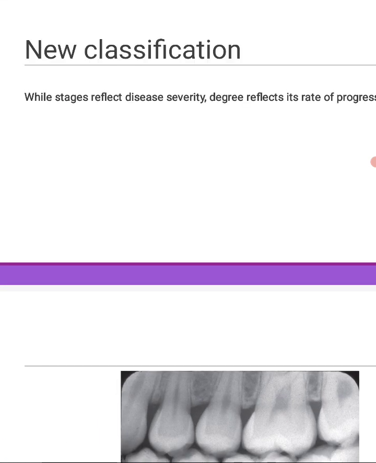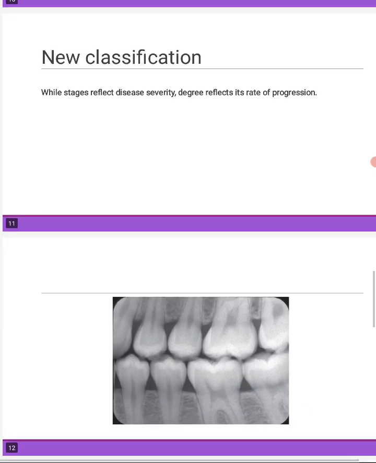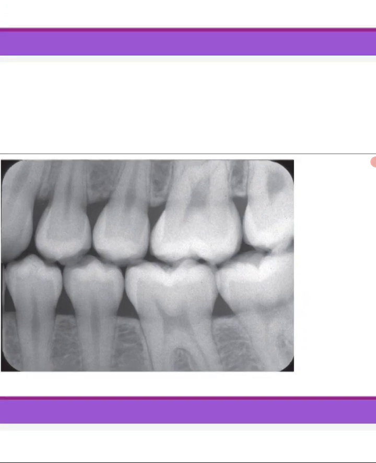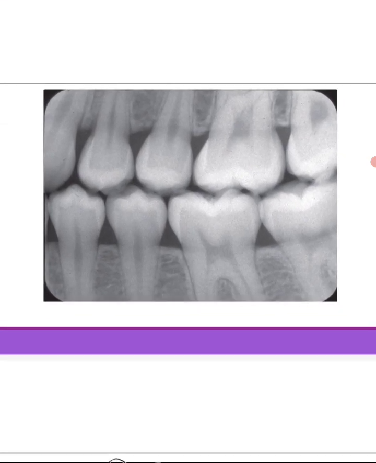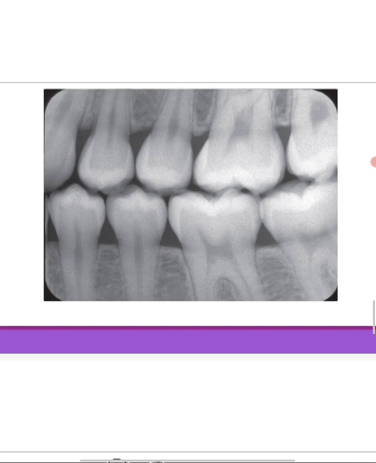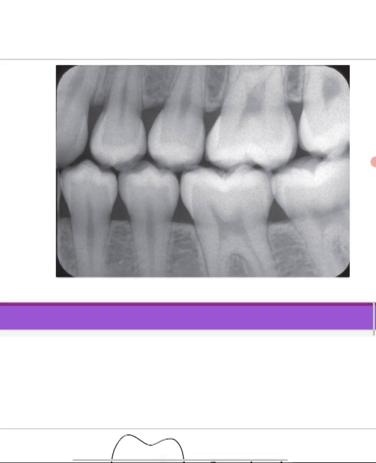So as we said earlier, classification is very important. I think you should be familiarized with this. This is an X-ray showing a bite-wing view, right? Showing upper and lower teeth.